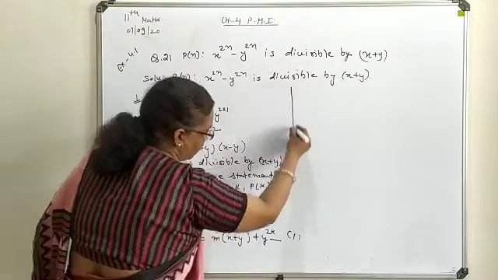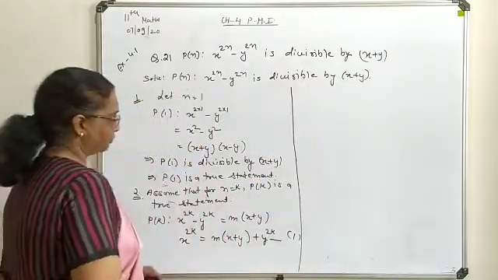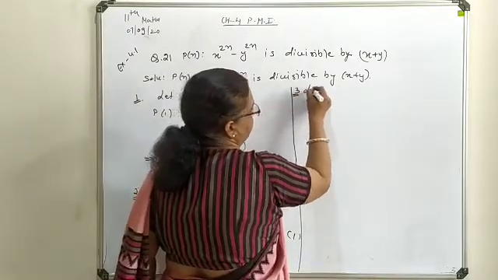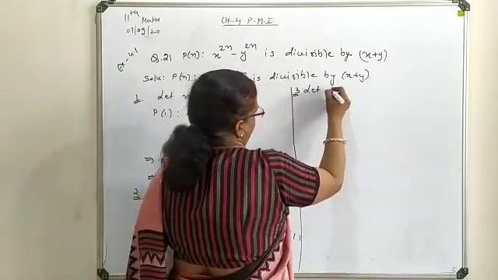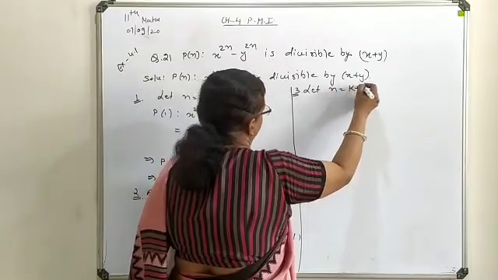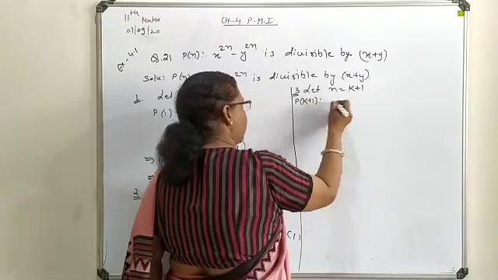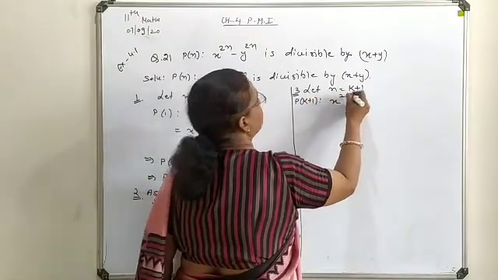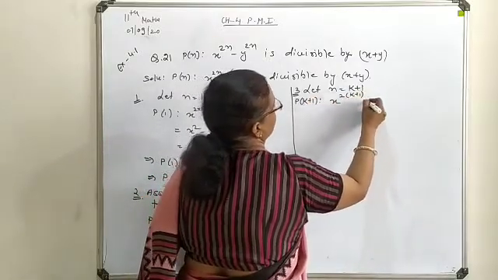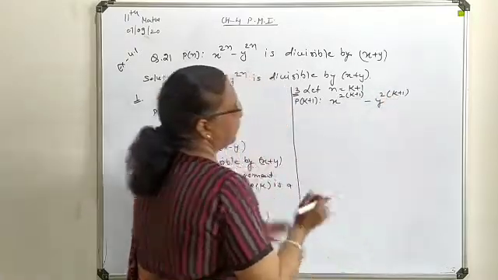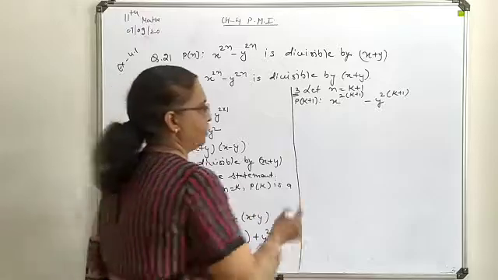Now the third step, that is the main part of the solution. Third step, let n is equal to k plus 1. So Pk plus 1 here we will write x power 2 into k plus 1 minus y power 2 into k plus 1. Make the power separate for each term.